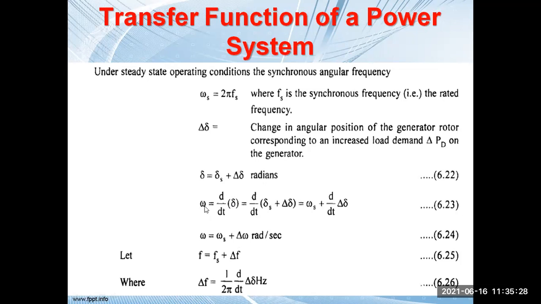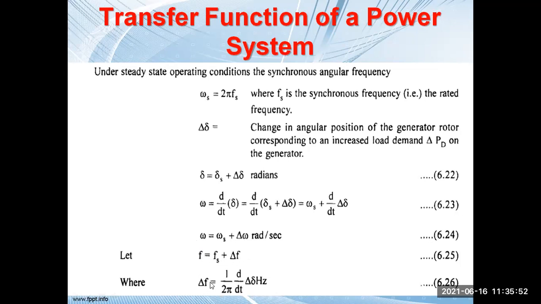So finally we are getting omega equal to omega s plus delta omega. Now omega equal to 2 pi f, so 2 pi f equals 2 pi fs plus 2 pi delta f. So 2 pi will cancel, and f equal to fs plus delta f.